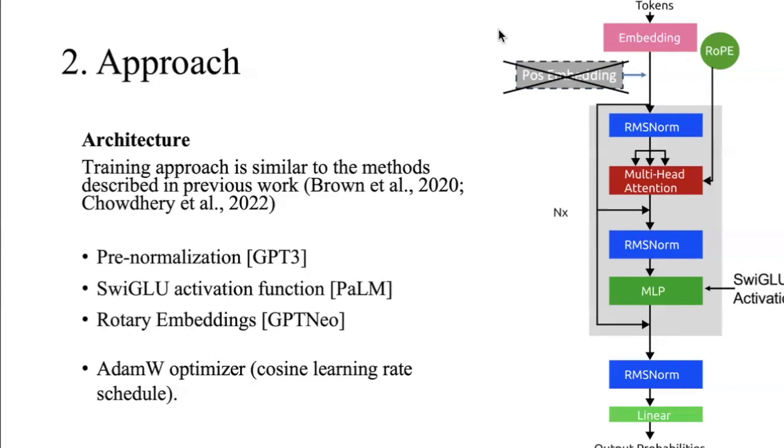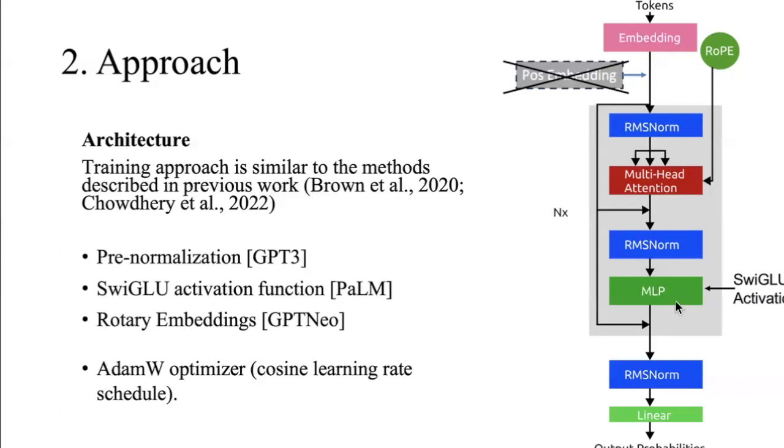So this is how it looks afterwards. They remove the static positional embeddings, and then apply the RoPE embeddings to the attention layers, which I will introduce next. And then they have the pre-normalization layers before the modules, before the attention layers, and also this RMSNorm layer normalization before the MLP module.